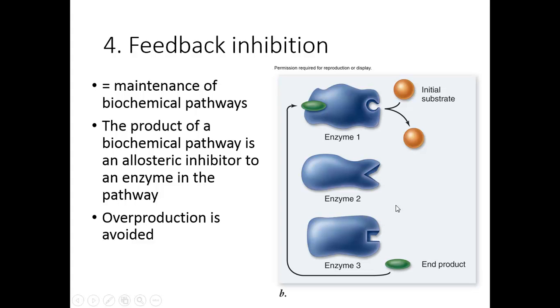So as long as the end product is being used to digest food, so as long as food is there, then it will continue to be produced. But once food is gone, then you will have a buildup of this product, and instead of being used to digest food, it will bind to the enzyme and decrease the production of it.